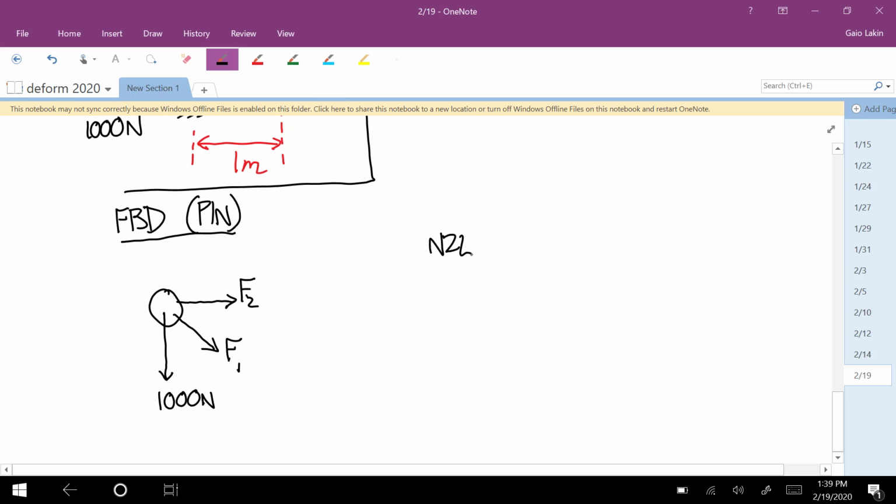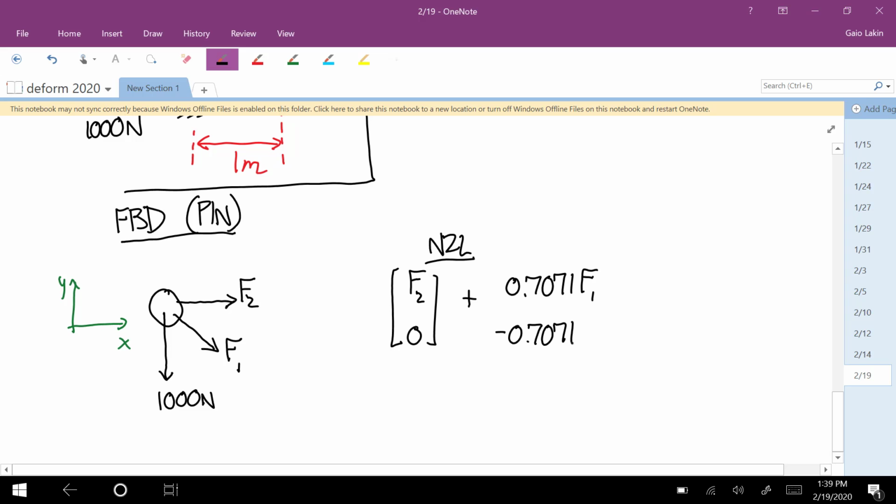And Newton's second law says, if we use a coordinate system like this, the x equation: F2 plus 0.7071 F1 minus 0.7071 F1, and the y equation: 0.7071 F1 plus 0, negative 1,000, is equal to zeros.